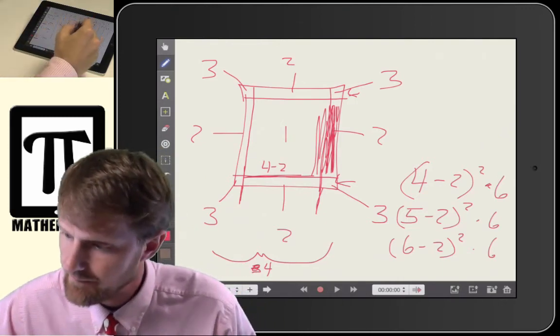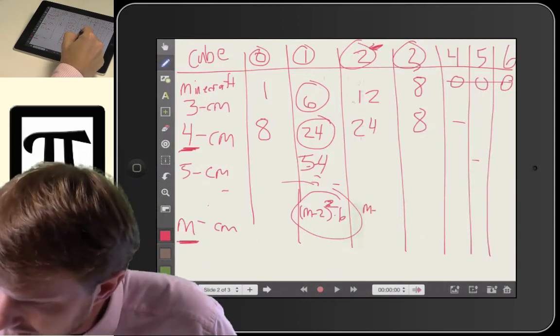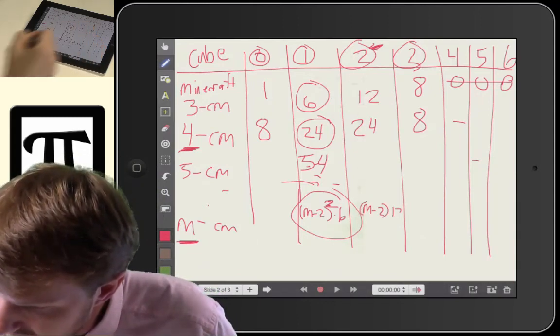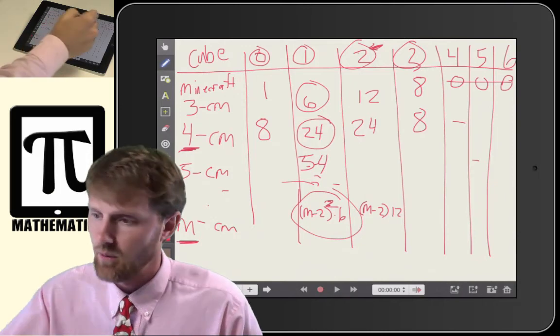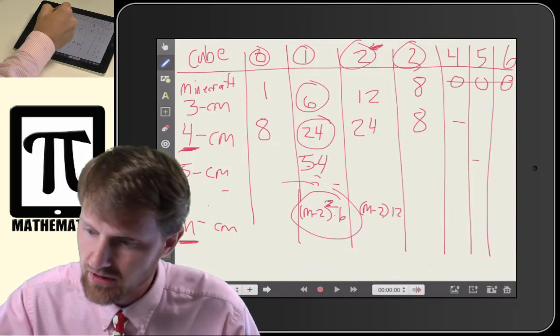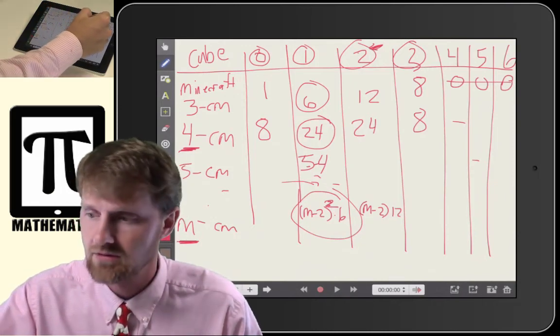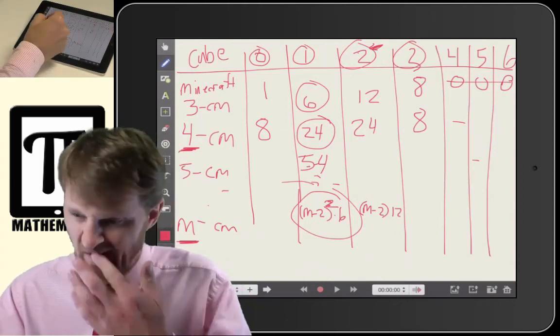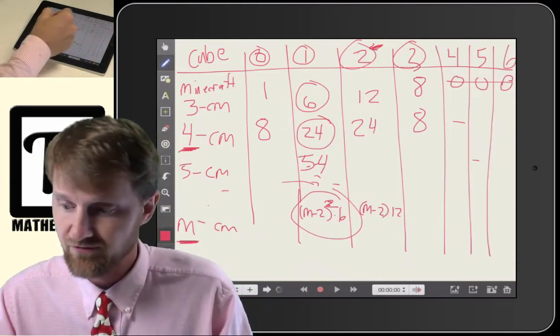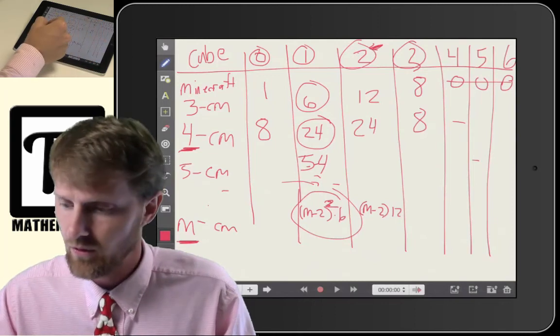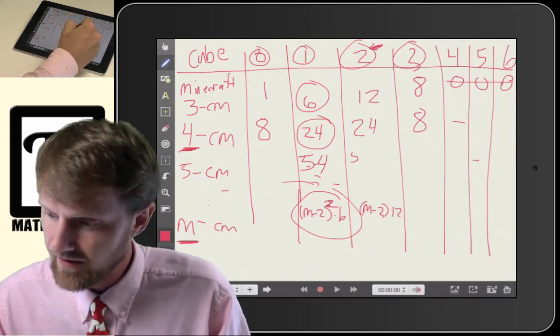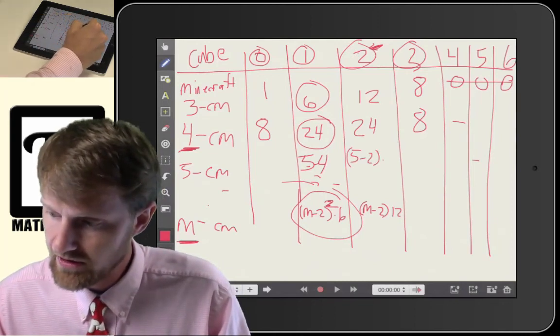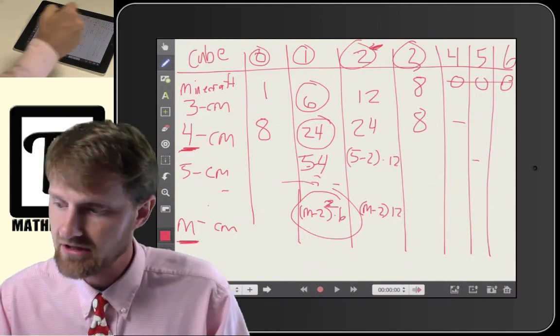Does that work out? Well, we had m minus 2, and then we multiply that times 12. M is 3, 3 minus 2 is 1, times 12 is 12. 4 minus 2 is 2, times 12 is 24. With a 5, it's going to be 5 minus 2, which is 3, times 12, it's going to be 36.